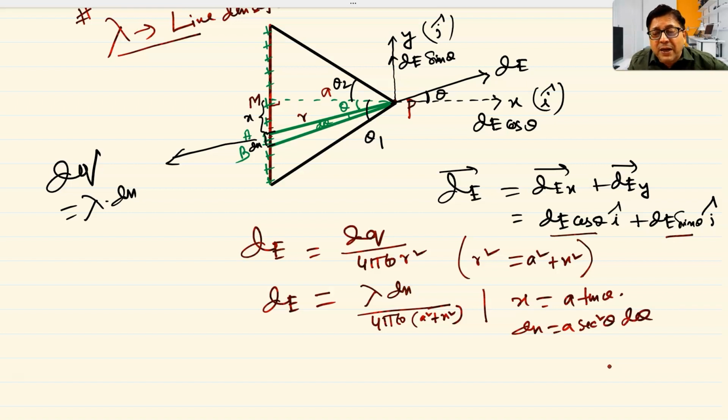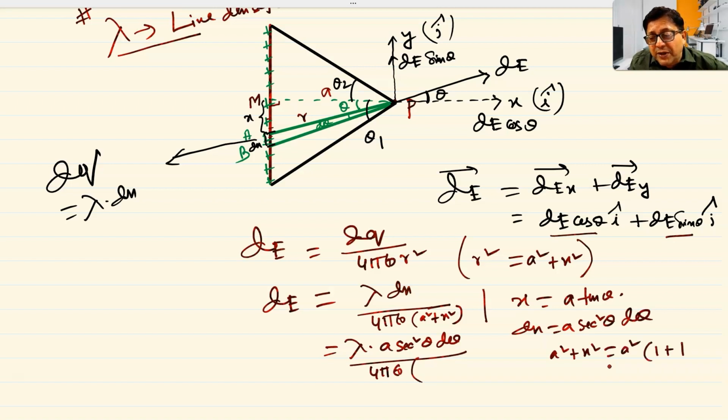And a square plus x square, just substitute there: lambda a sec square theta d theta by 4 pi epsilon 0, and a square plus x square is going to be a square into 1 plus tan square theta, which is nothing but a square sec square theta.